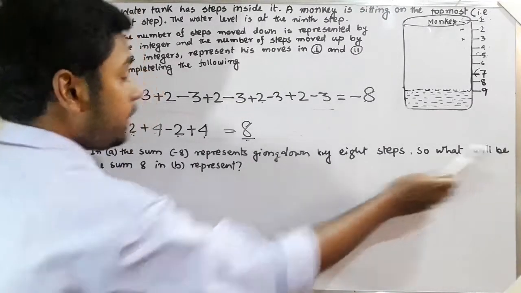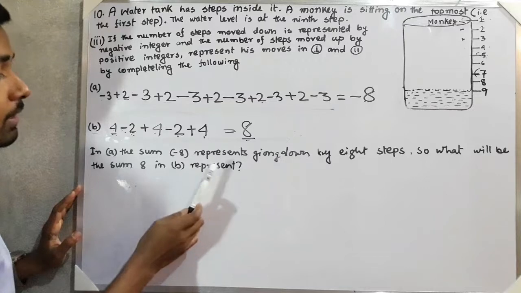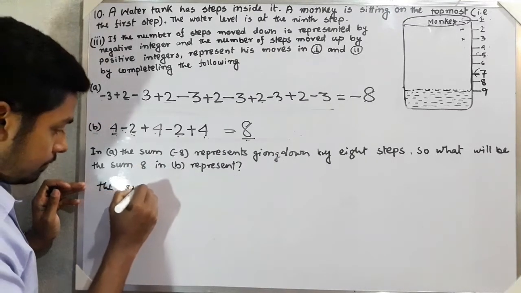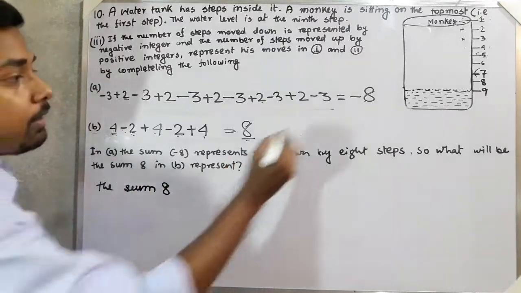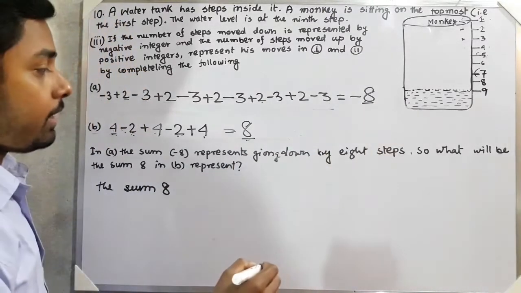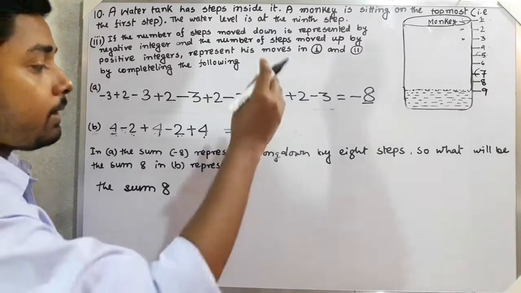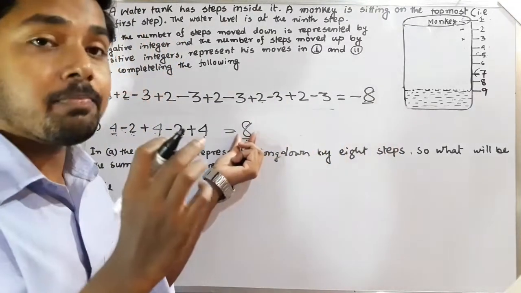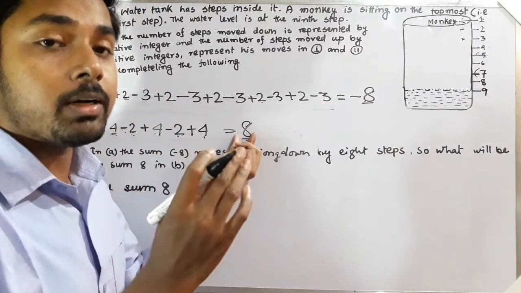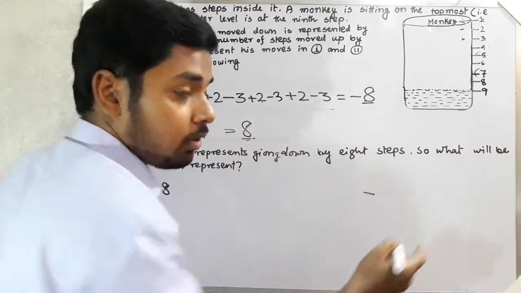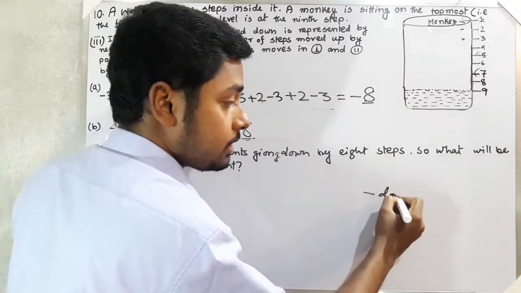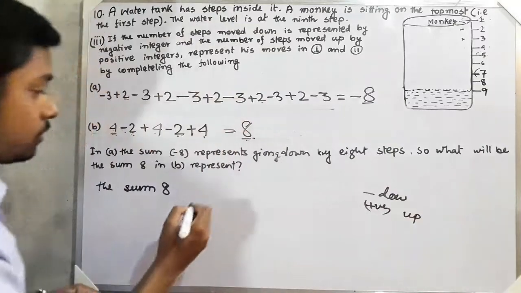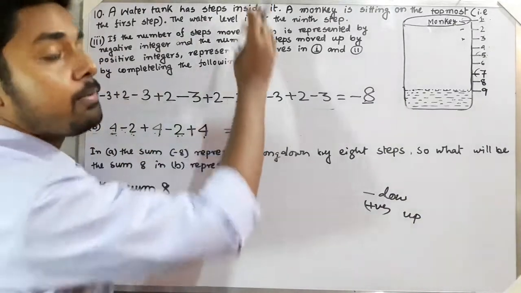So what will the sum 8 in B represent? Minus means going down, and positive means up. So plus 8 means going up.